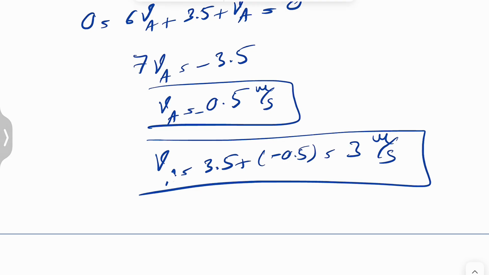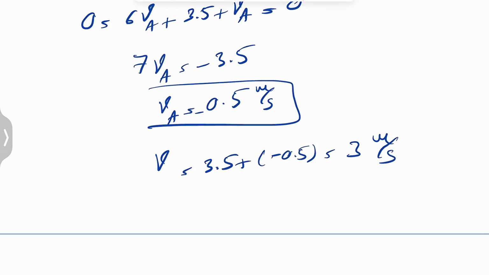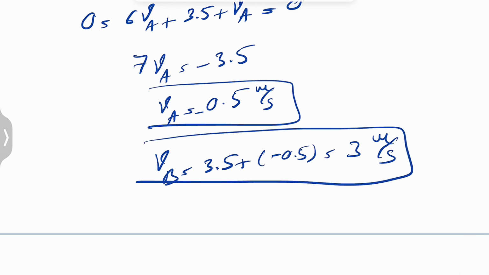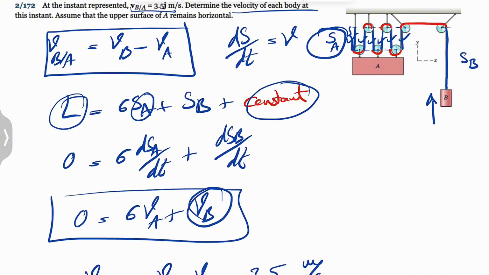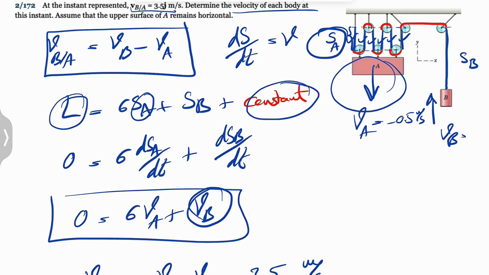Sorry, I made a mistake in here. So VB is positive, so B is going to go up and block A is going to go down. So VA is negative 0.5 meters per second, and VB is going to be 3 meters per second.